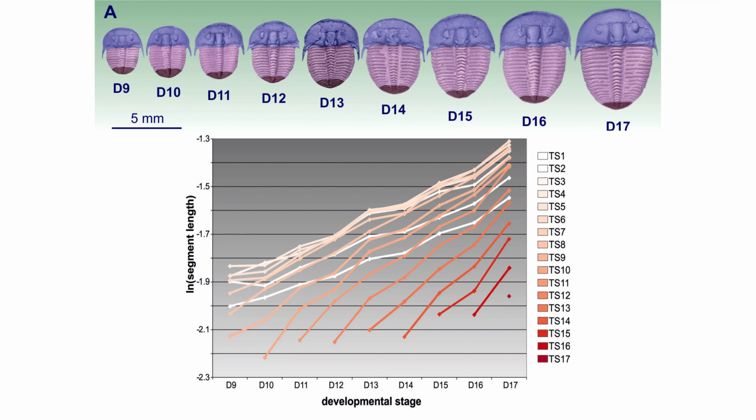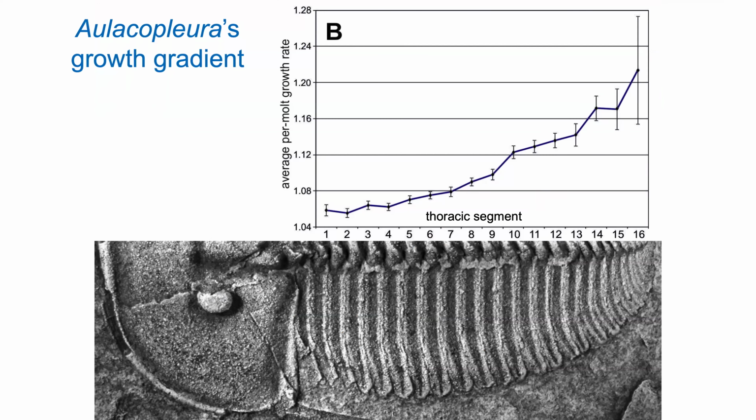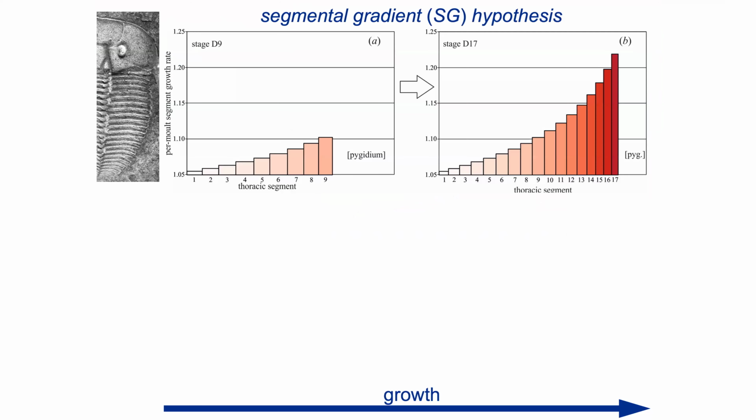Next slide, please. The higher growth rates are in the back. So you can see that the growth rate is increasing. Next slide. And then we can ask the question, is this because each segment has a specific rate of growth, and the ones at the front are slow and the ones at the back are fast?